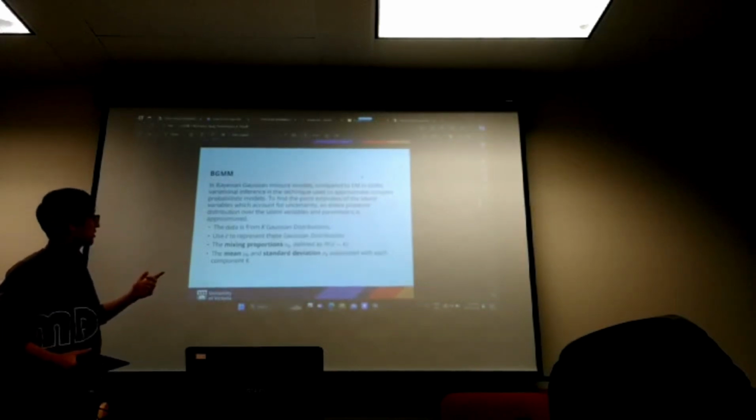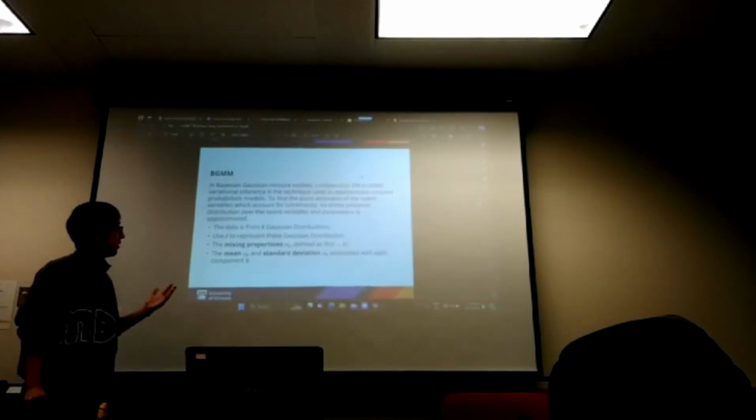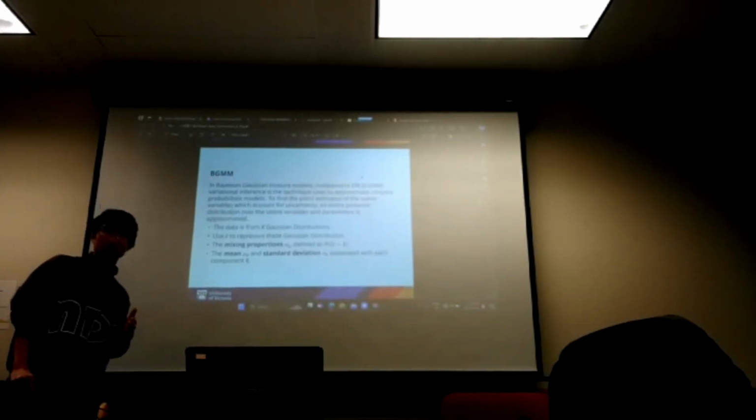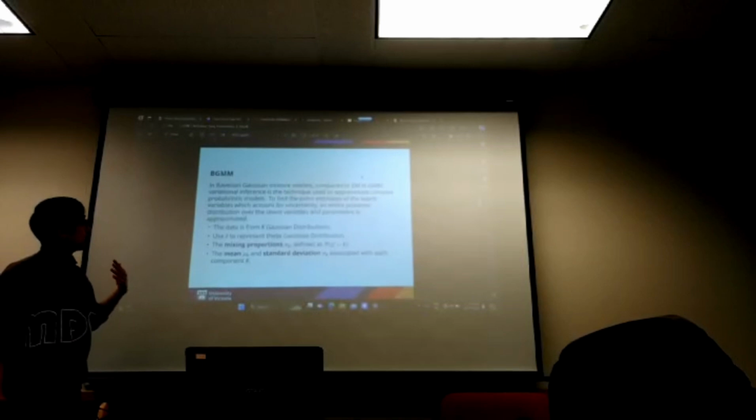This algorithm is more complex than the previous two. In BGMM, BGMM means Bayesian Gaussian mixture model. It is also a Gaussian mixture model. But in the normal GMM, we use the EM algorithm to iteratively get the parameters.